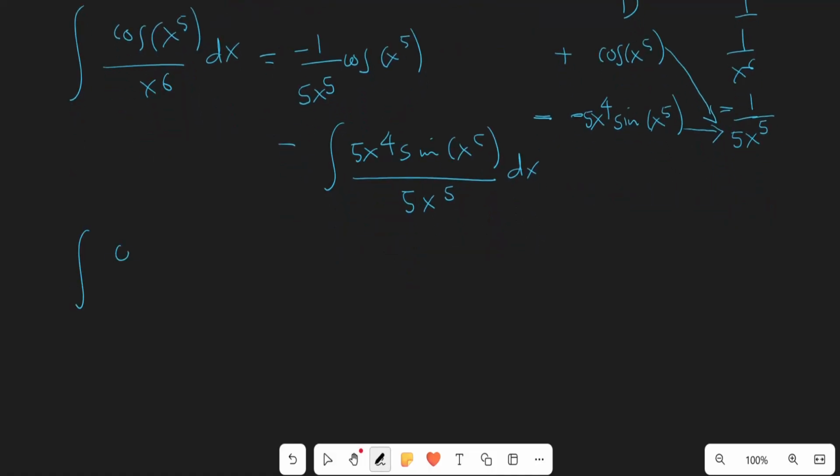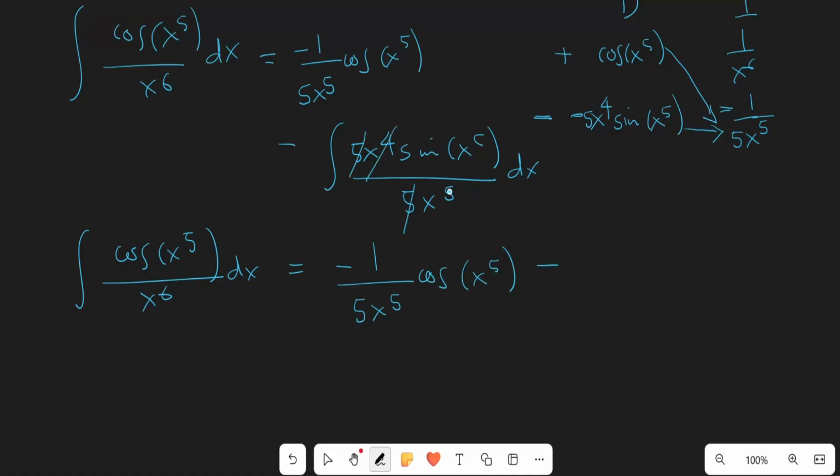So this integral cosine of x to the 5 all divided by x to the 6 dx is the same as negative 1 all over 5x raised to the power 5 cosine of x to the power 5 minus, 5 cancels 5. 4 of this will cancel 4 of that at the bottom, leaving 1. That becomes the integral of sine x to the power 5 divided by x dx.